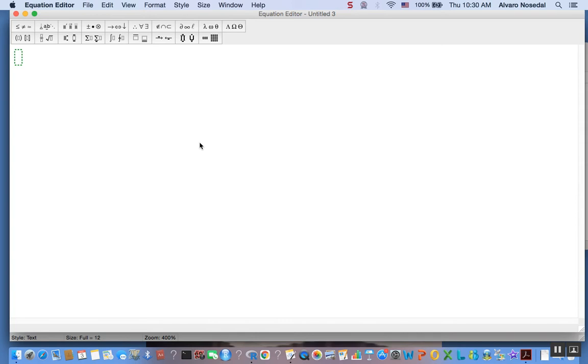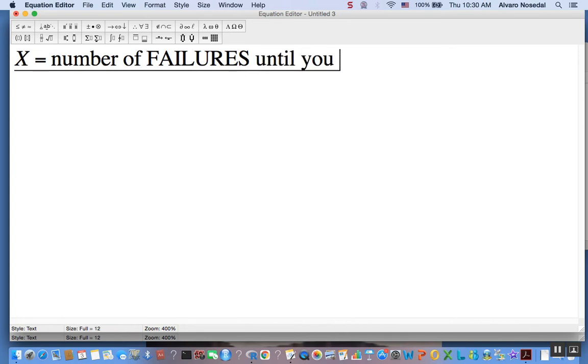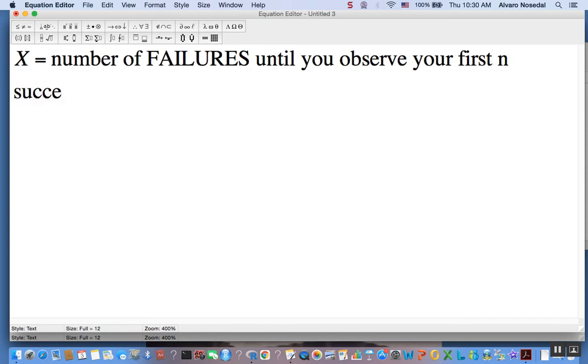So if x represents the number of failures, again failures, until you observe your first n successes, okay, the probability mass function, and remember that we use the term probability mass function because we know that this guy is discrete, okay?